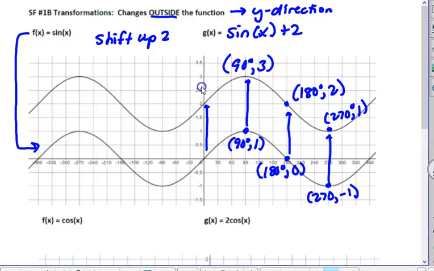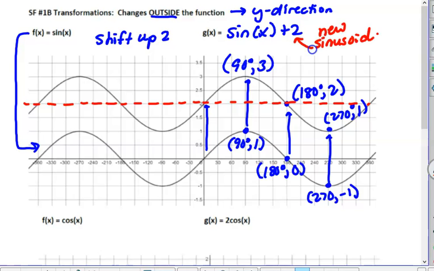Is the period changed? Does one cycle take longer to go? Is the amplitude changed? Does it stretch up and down farther than it used to? No, it is the sinusoidal axis that has changed. And this number out here that we added is the new sinusoidal axis. It used to be at 0, now it's at y equals 2.